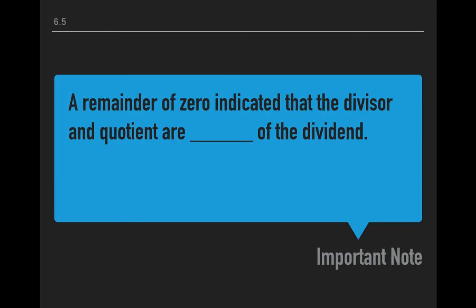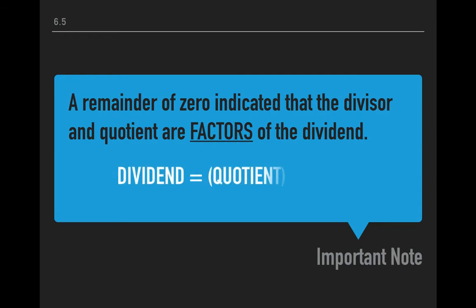A remainder of 0, like we just found, indicates that the divisor, what you are dividing by, and your quotient, the answer, are factors of the dividend. Meaning you could write it this way: the dividend is your quotient times your divisor. They divide nice and even, and there is no remainder whatsoever.